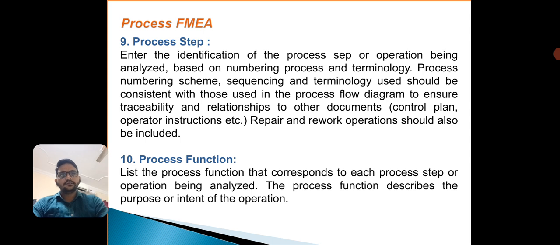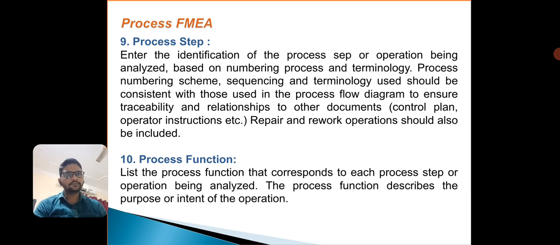The process numbering scheme, sequencing and terminology should be consistent with those used in the process flow diagram to ensure traceability. It means we need to focus on all the terminology mentioned in the process flow diagram and incorporate it in the process step. Repair and rework operations should also be included in the process step.